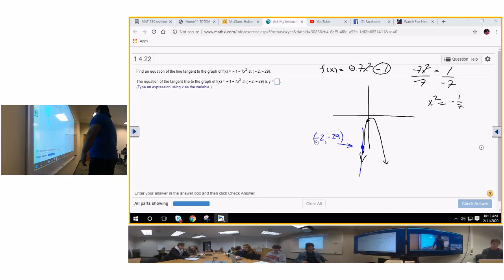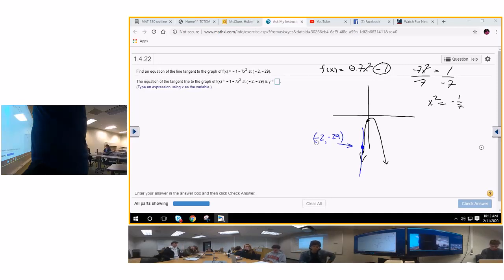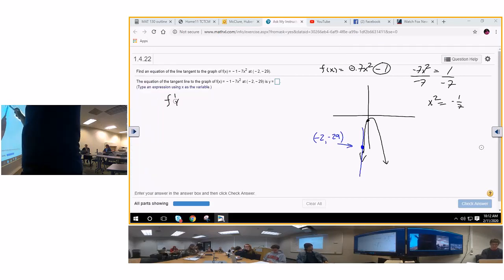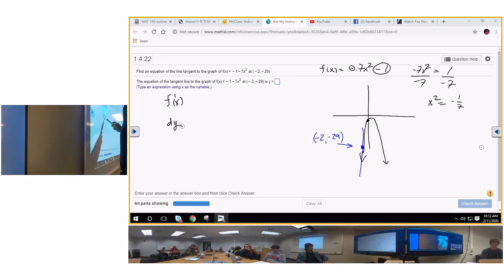So we need to find the antiderivative. And I'm going to kind of combine 1.5 today. 1.5 is the only thing they're teaching you in 1.5 is you can write this f prime of x. You can write it as dy dx, or you can write it y prime. However you want to write it.